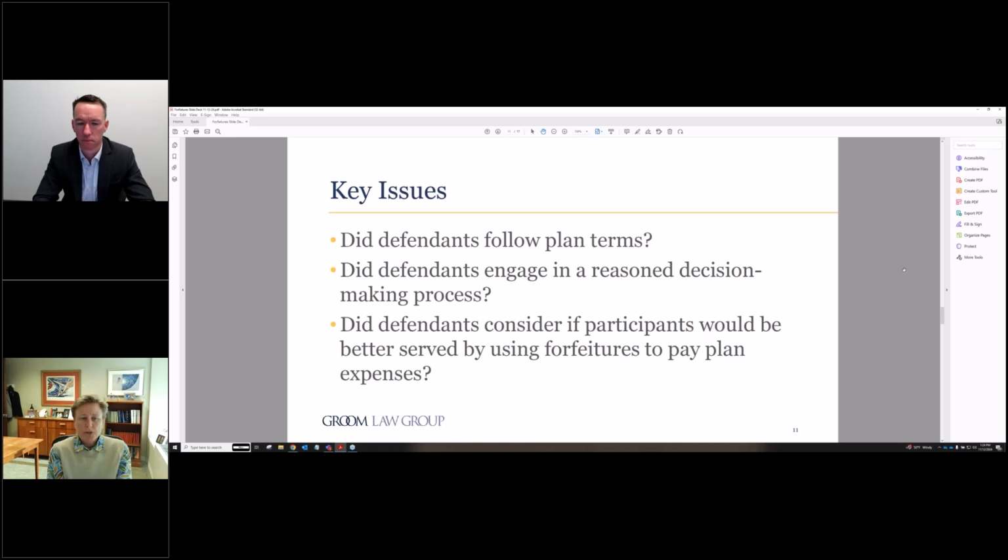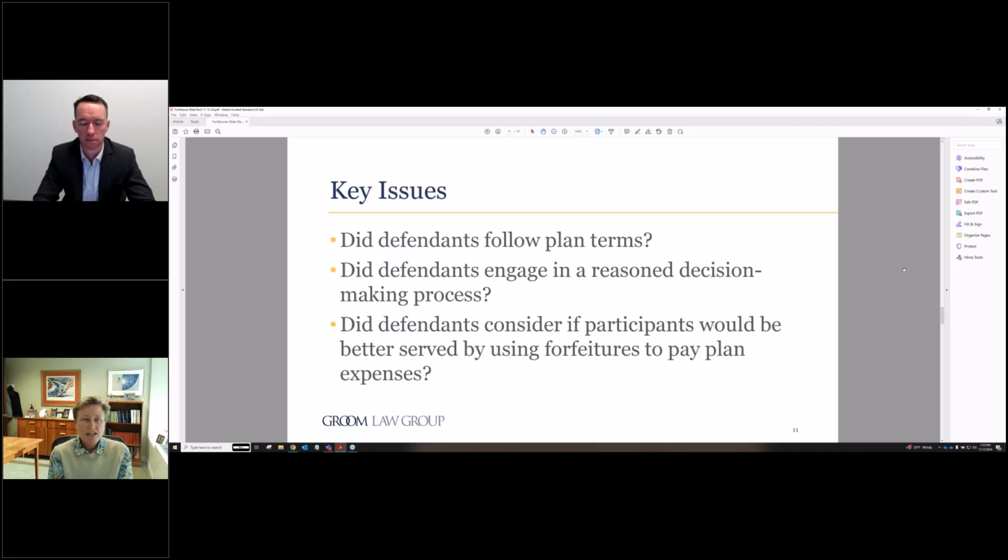And the defense arguments often have to look at, well, what do the plan terms say? So one of the key issues is, did the plan terms permit or require the use of forfeitures to offset employer contributions? I suspect if many of you go and look at your plan document, it will say something about when forfeitures happen, what the vesting requirements are, and then it will have something about plan expenses and something about how forfeitures can be used.